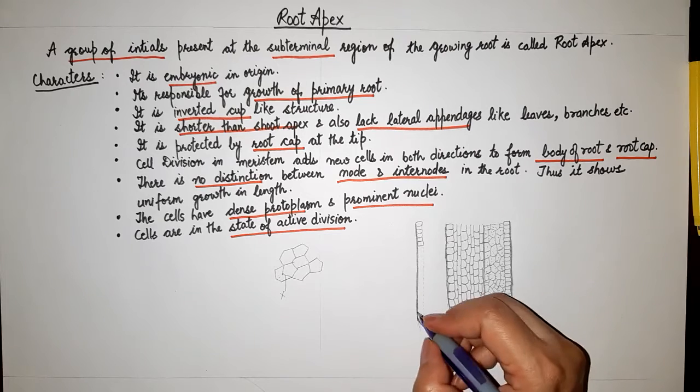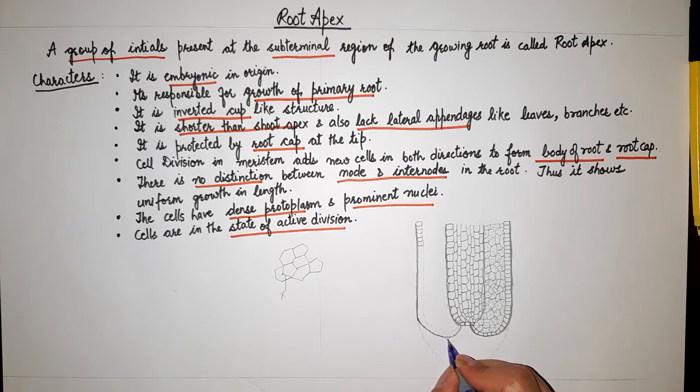Now we are going to draw root cap. Now before root cap, you will divide this area, make it slightly parallel and make horizontal cells without intercellular spaces. This is a region of calyptrogen from which root cap will be formed.